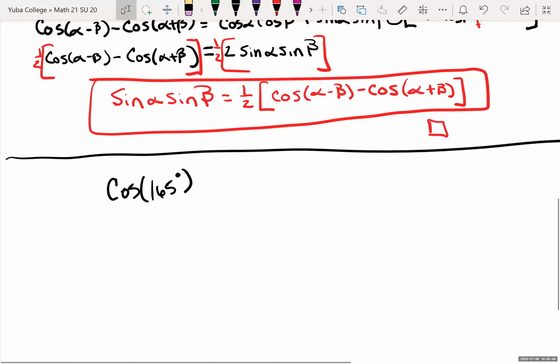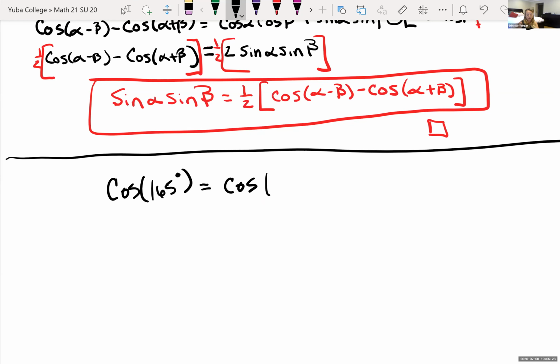I'm just trying to find the exact value, and I have cosine of 45 and cosine of 120, and it changes those into radians. But how do I determine if it's a sum or a difference? It doesn't matter. Choose either one. Just start manipulating it. If you find it's the sum, like you said, 120 plus 45, that works.